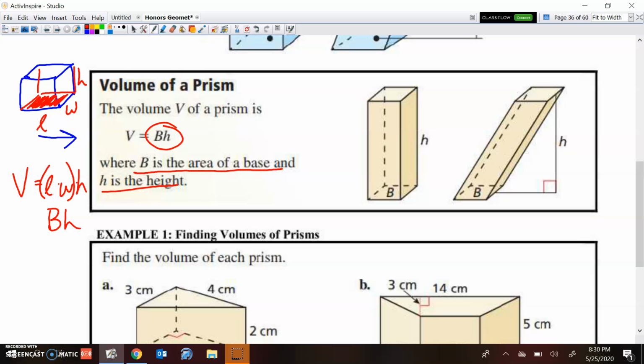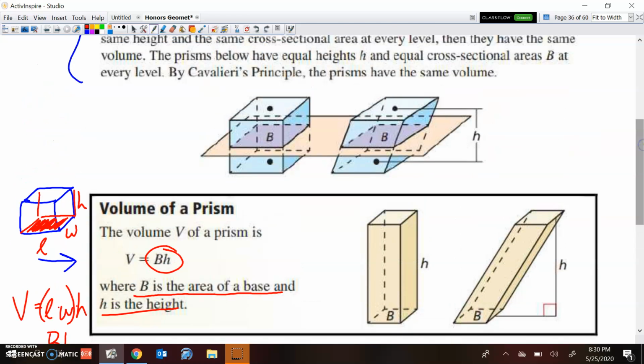Now the way that theorem works is, think about a cross section like we did in the last lesson. So that's the area of the base. So it's the same as the base. And now if you consider a ream of paper, every one of those pieces of paper spans the area of the base, and stacking them up the height is how we get the volume.